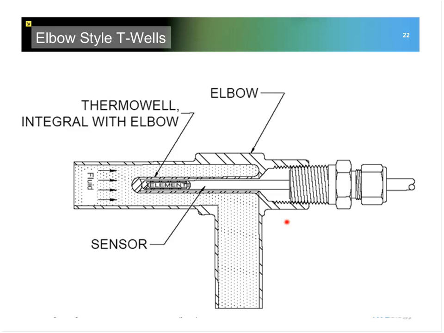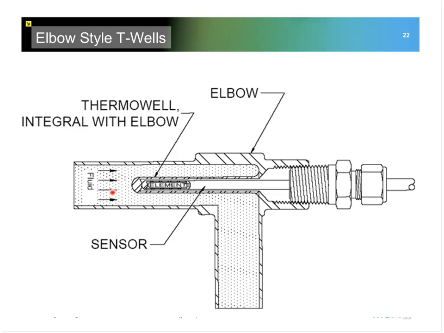So we have this elbow thermowell in place, and you can see we've got the thermowell and then the separable probe that's spring-loaded and fits inside it. The fluid is coming right at the very tip of the probe, and as you can see back here, there's very little dead leg, if any.